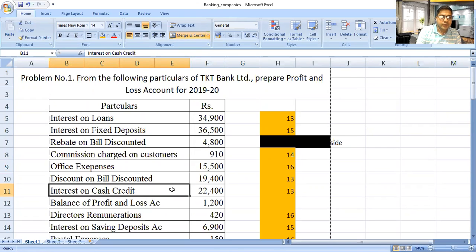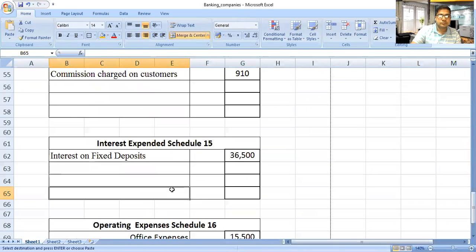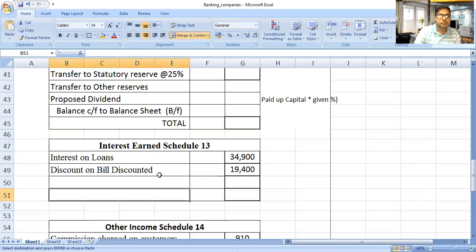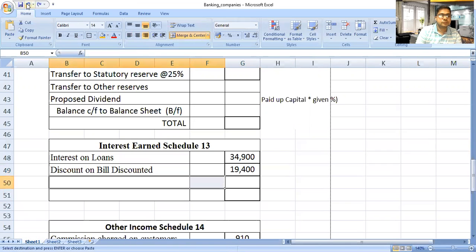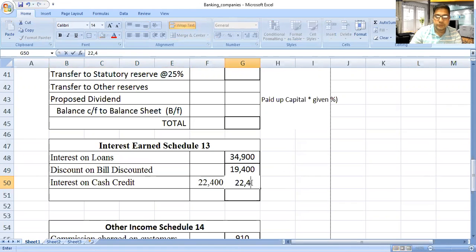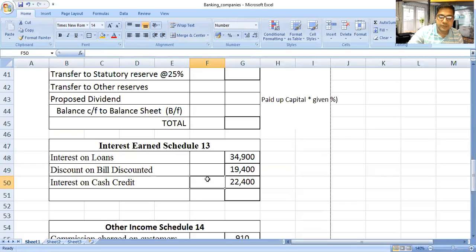It is also income, 22,400. So see friends, how we will write. We will first prepare the schedules, and whatever total comes, that we have to put in our format.